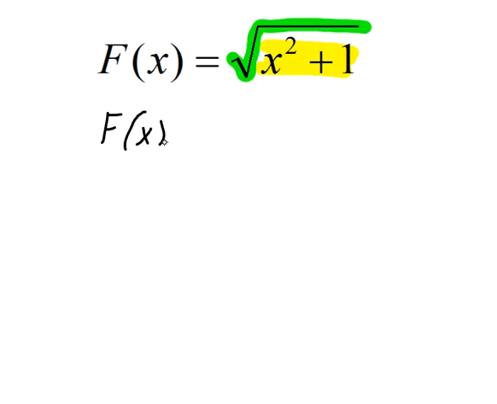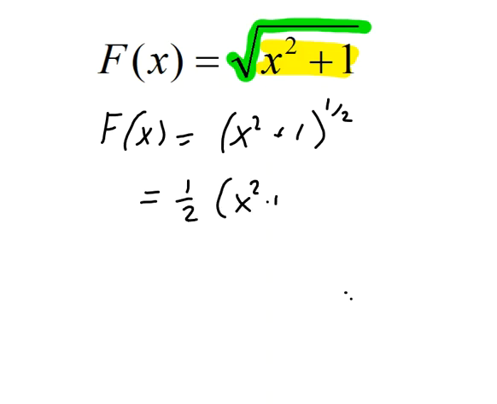First thing I'm going to do is rewrite the square root as a 1/2 exponent. So again, in the parenthesis notation, you can really see the different layers. I'm going to bring down that power with the power rule, 1/2 times (x squared plus 1) to the negative 1/2. Now I need to take the derivative of that inside yellow layer, and that's going to be times 2x.